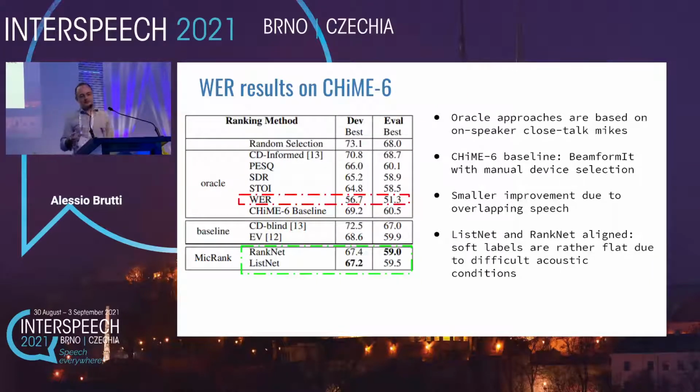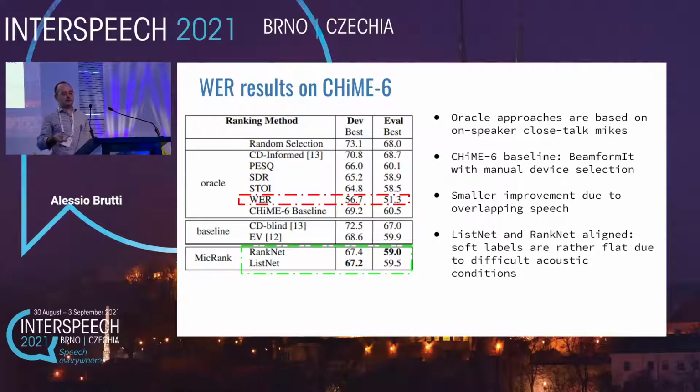Okay, these are the results on CHiME-6. So here, everything is a little bit complex because the task is very difficult, and of course the word error rates are pretty high. Anyway, you see in red the Oracle channel selection. So first of all, I mentioned at the beginning that picking the best microphone could give very good improvement, also with respect to other speech enhancement approaches.